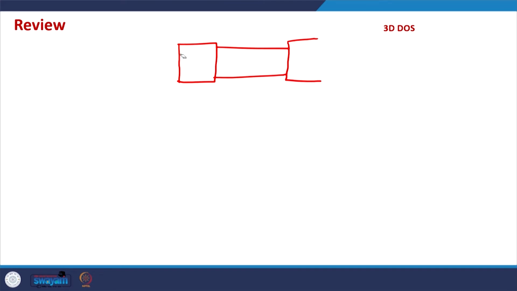So, we have a channel region in between, and on the left side we have the so called source contact, on the right side we have the drain contact. In this diagram the channel region is shown as larger than the source and the drain, but that is not the case. Here it is drawn like this just for sake of representation, so that we can understand things properly.